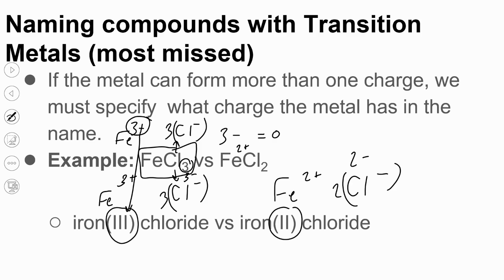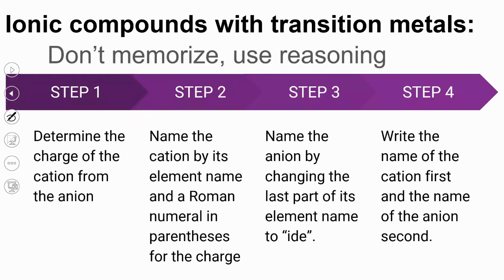Other questions, thoughts? If you have a question, probably other people have a question. We've talked about this, so we'll just walk through it. First you figure out the charge of the cation from the anion, and then you name the cation using its metal name.